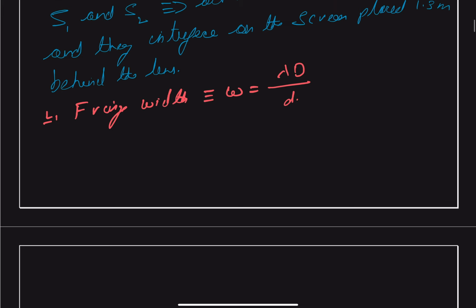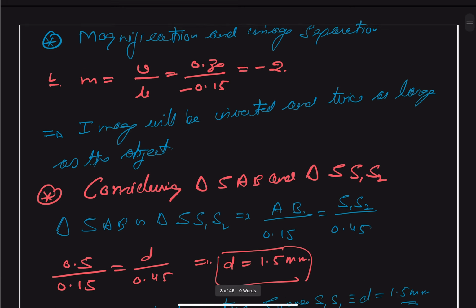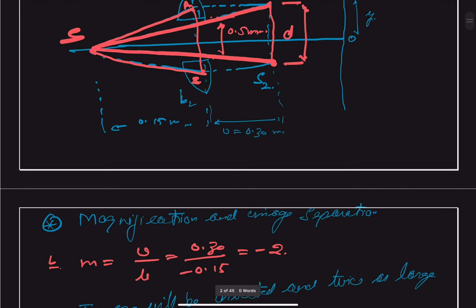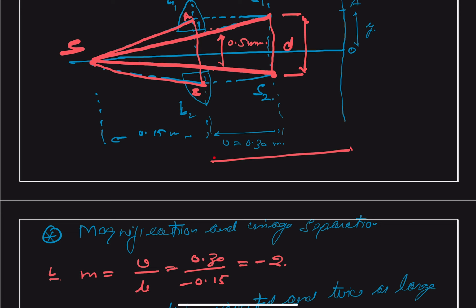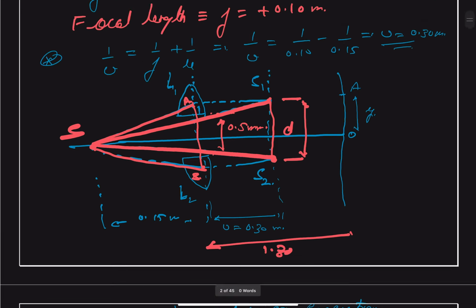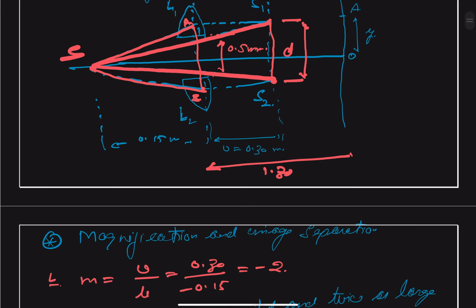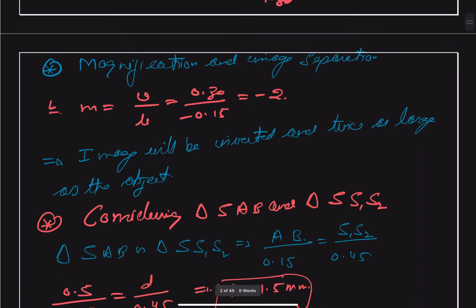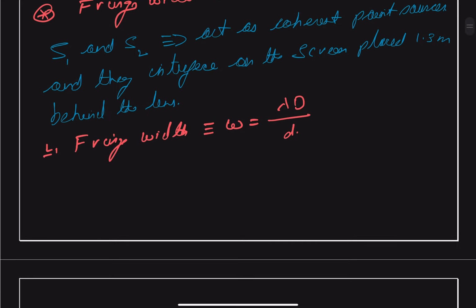The distance from the sources to the screen is about 1 meter, and this is our capital D. Substituting the values, lambda is given in nanometers, so this will be 5 times 10 raised to power minus 4 millimeter.